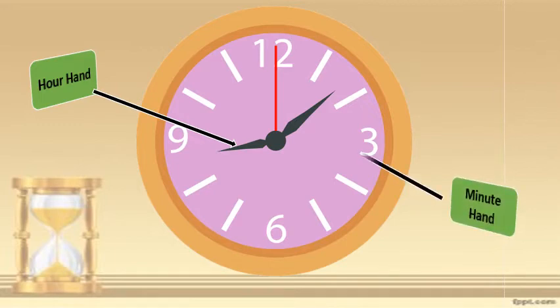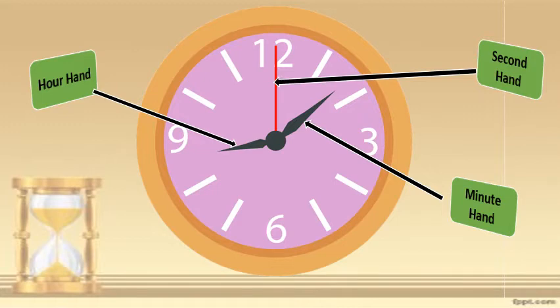This is minute hand and this is a thinner one compared to the hour hand and this is longer one, or you can say it is taller than the hour hand and it tells us about the minutes. Okay, and this is second hand. This is very thin and it moves swiftly.